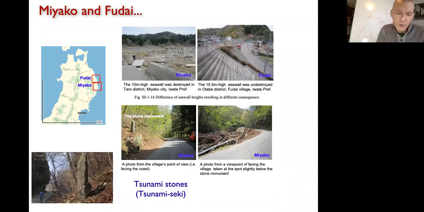And actually, one of the messages coming from the past was, for example, the tsunami stone, that is called tsunami seki, and it was placed there as a warning for future generations after the Meiji event to say, please don't build below this because the tsunami reached this height. So, okay, we still have some messages from the past that can be learned from.